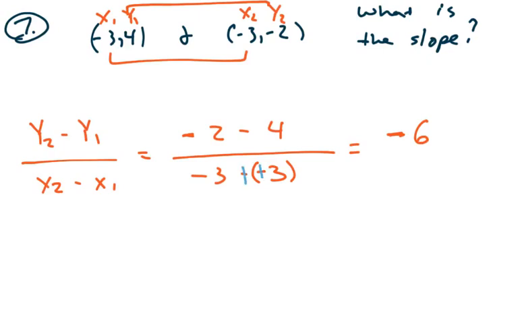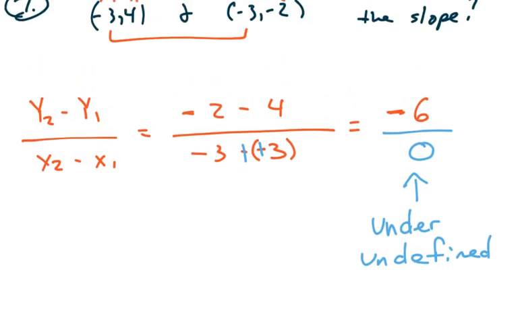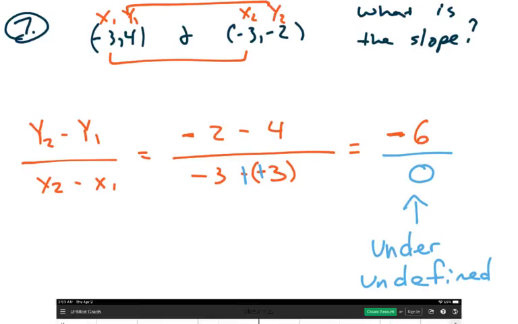On the bottom, we get 0. So this is another interesting scenario. We've mentioned this before. When 0 is under, the slope is undefined. But another question should emerge in your mind, which is, what does this graph look like? That's an excellent question.